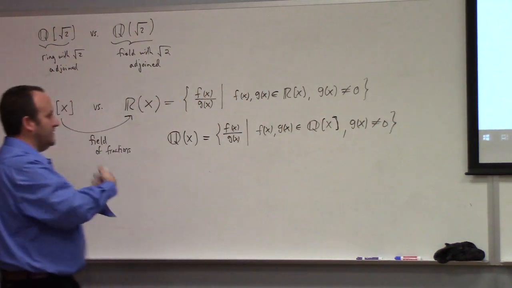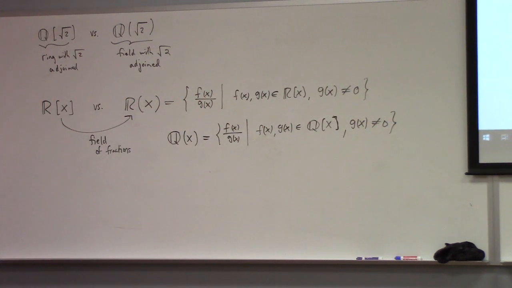This would be Q parentheses x. These are rational functions built from quotients of rational polynomials. But Q bracket x would be polynomials with rational coefficients, correct.